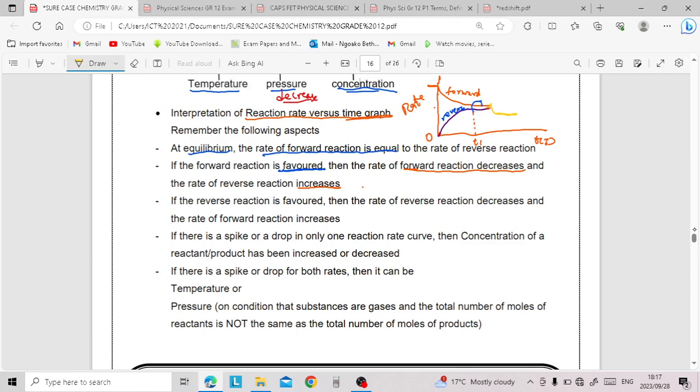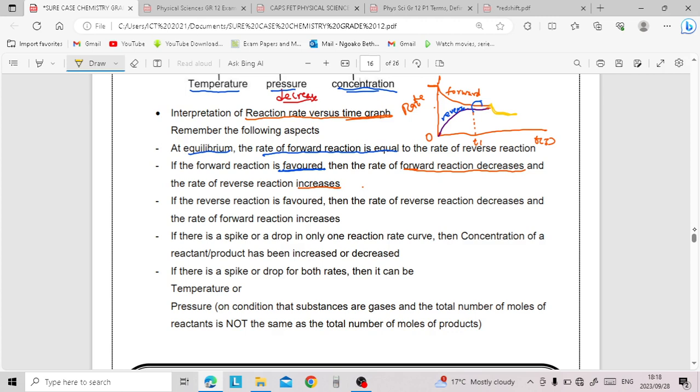And then for this other one, the rate must increase. So how does it increase? From this level, let's start to increase this one. They said the forward direction is favored, so this is the forward, and the rate of the forward direction must decrease, and the rate of the reverse direction will increase.